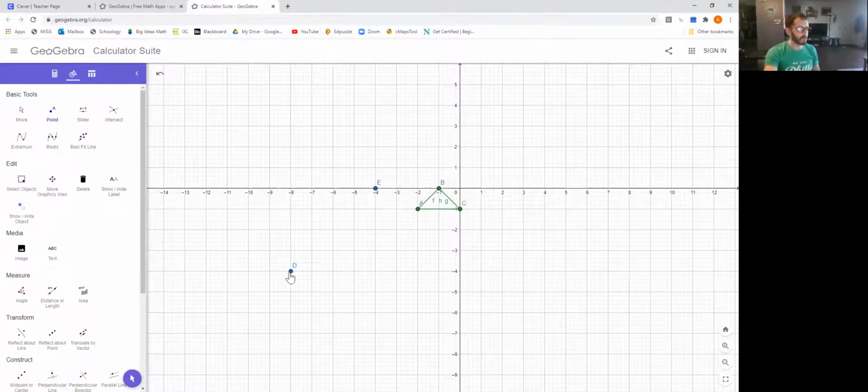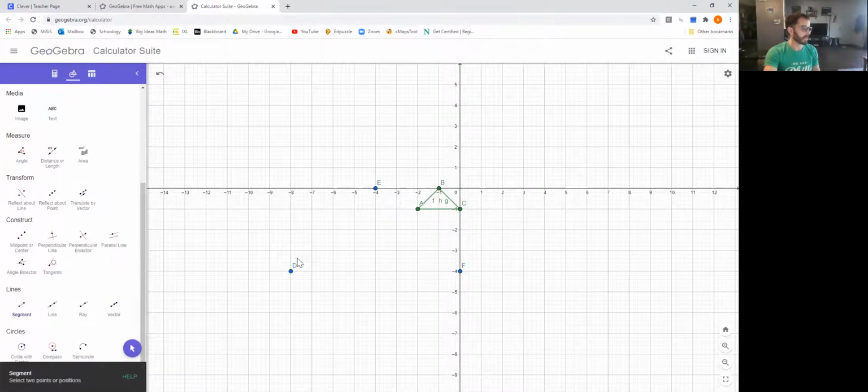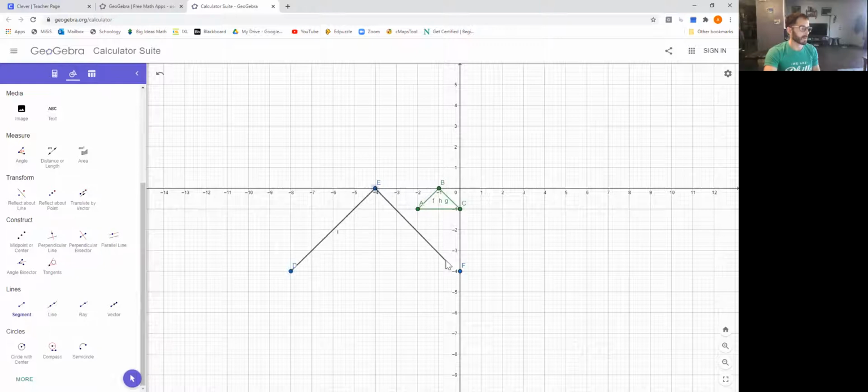Technically, this would be P prime, because this is supposed to be P, Q, R. So P prime, Q prime, and then we'll do R prime. 0, -1 becomes 0, -4. And there you go. Doesn't this look like a dilation?